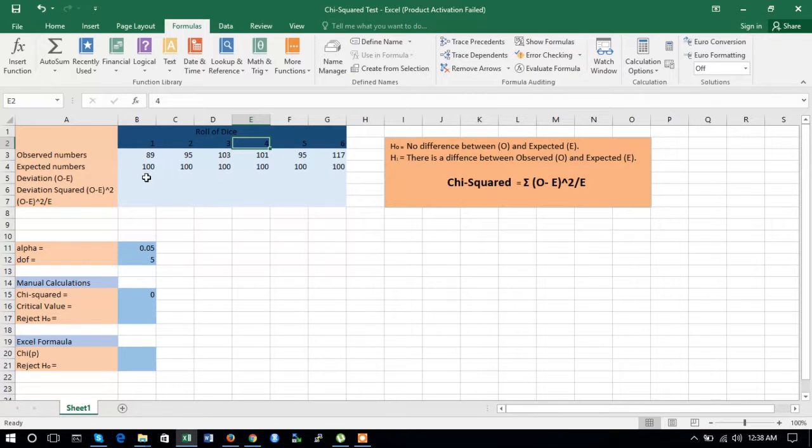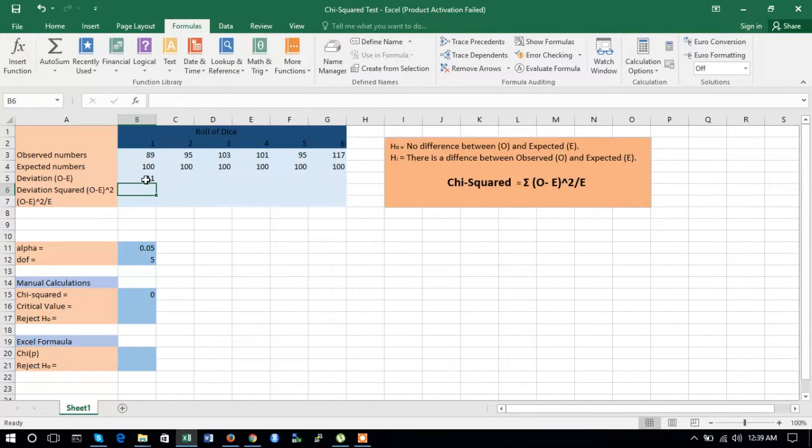So we will now start doing the calculation, and we will calculate the chi-squared value for the given observed and expected numbers. First of all we will have to calculate the deviation. The deviation is O minus E, that is, we put an equal sign, and this minus the expected number.